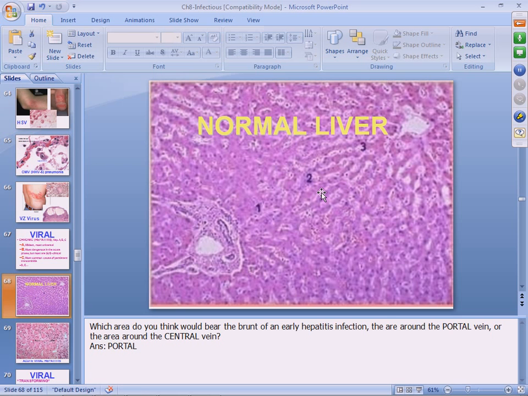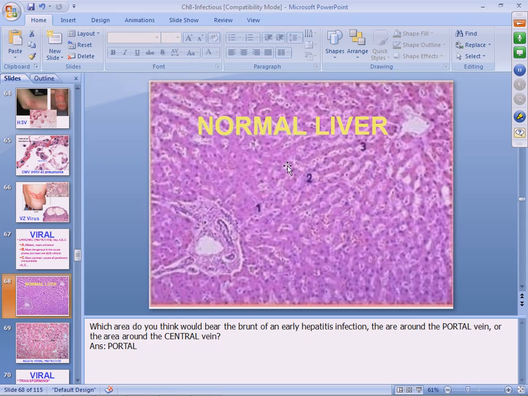So the thing to remember about hepatitis is that viruses are still the number one causes of hepatitis. A, B, C, D, or E would be the only known viruses to commonly cause hepatitis. There are other viruses like yellow fever, and even HSV can do it under certain conditions.